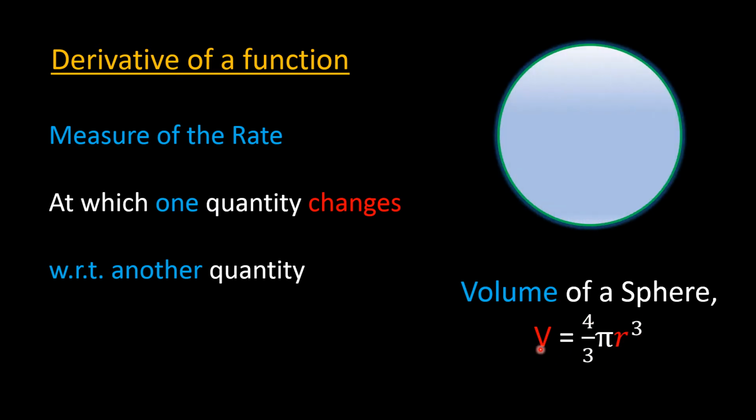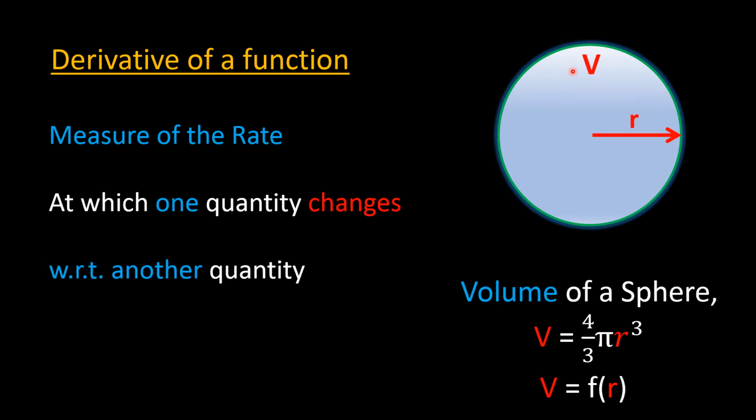Here volume V is one quantity and radius r is another quantity. The change in volume depends upon change in radius. Therefore, we can say that volume is a function of radius, and we will write V equals f of r.